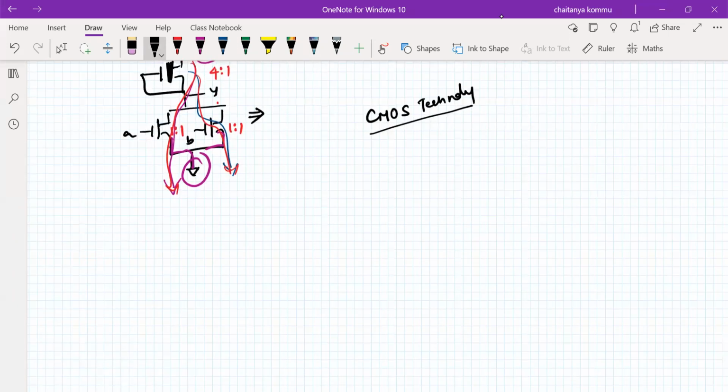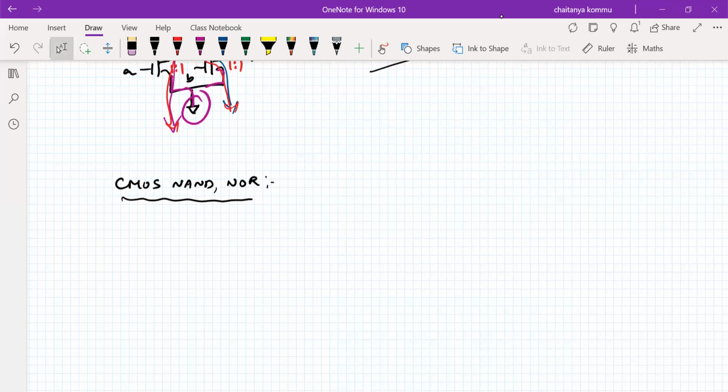In the next class we are going to see CMOS NAND and CMOS NOR. We have already derived and drawn the circuits, so just once again we will go over it, and then we will look at the different alternative ways in CMOS. We stop here today.